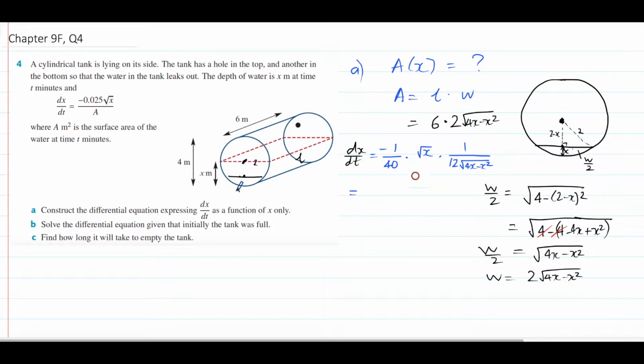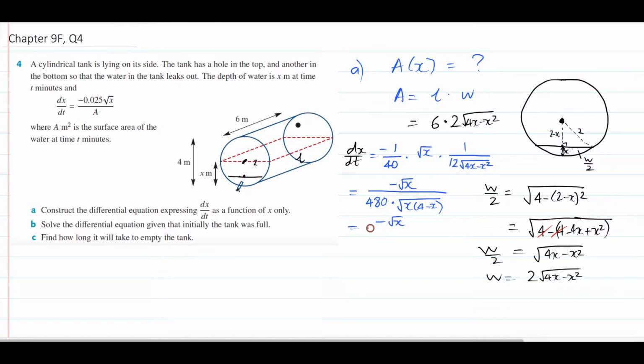So in this case, we have negative 1 times root x times 1, that is negative root x. Divide everything by 40 multiplied by 12, which is 480, and you can actually simplify. It's a pretty good trick here, because you can take out the x. X is a common term for these two terms. You can factorize x out, and you'll get square root x multiplied by 4 minus x, and you can split the square roots apart.